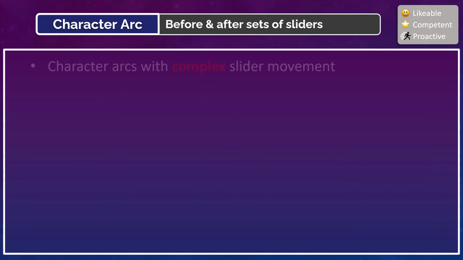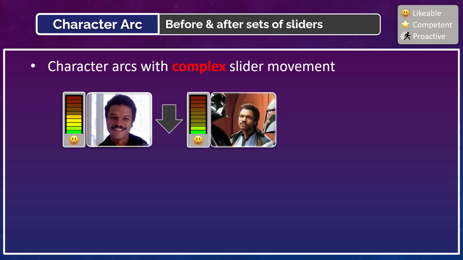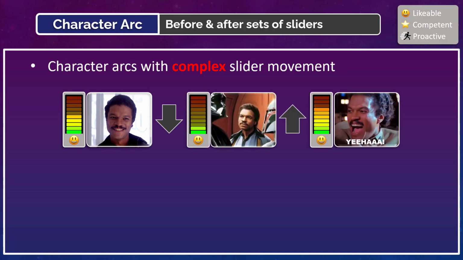Characters can also have more complex arcs, with movement both up and down on a slider. Lando Calrissian starts off fairly likable, has his likability plummet, and then rebounds to become highly likable at the end of the story.